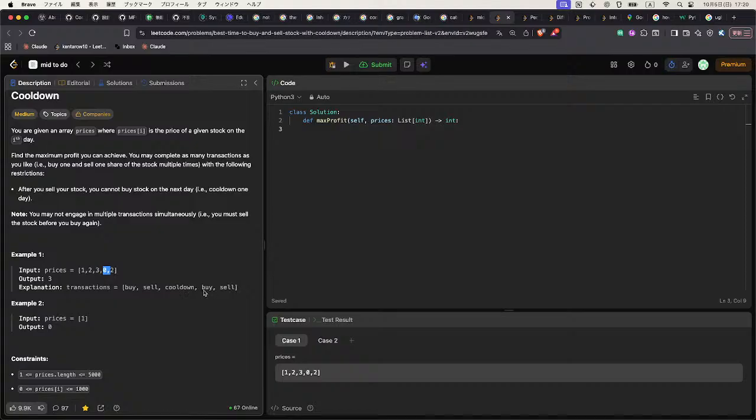Yeah, it's not good. So we have to sell the stock on day 2, and after cooling down we can buy the stock with price 0, and we sell the stock with price 2, and the maximum profit will be 3, right? Yeah.